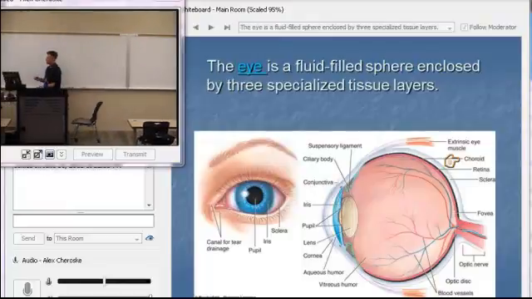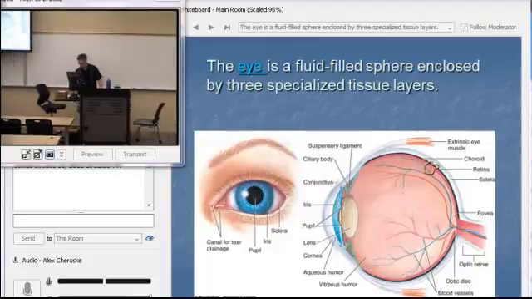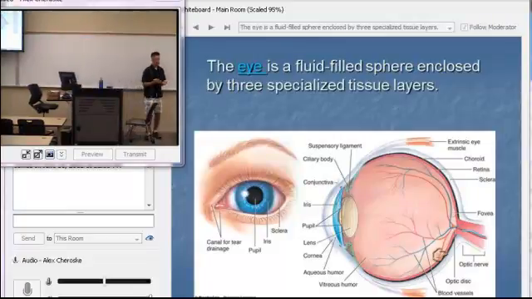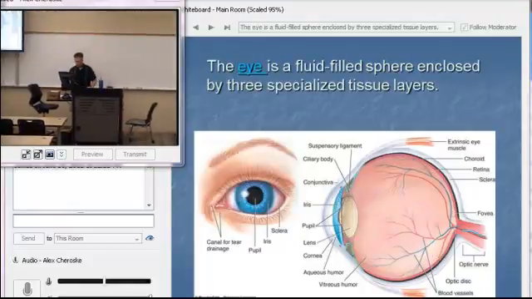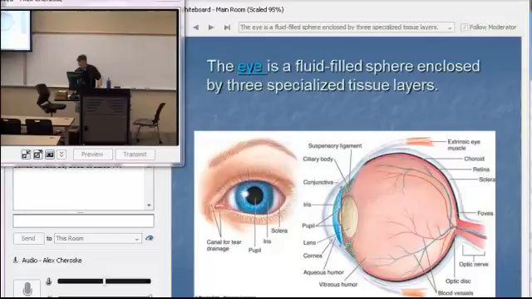And then the outermost layer, the white of the eye, is called the sclera. Of course, we can see the sclera here, but it goes all the way around as well. So that's all sclera, and that's the outer protective layer. It helps to give the eye its shape, etc. Now, if you follow that layer around towards the front, here it's the sclera, but as it comes to the front, that same layer becomes clear instead of white and becomes the cornea.